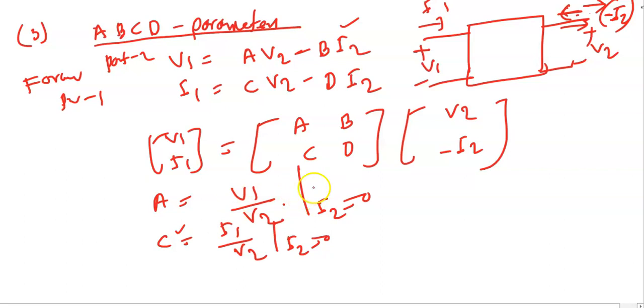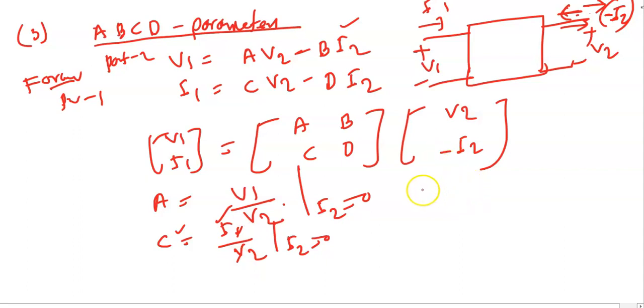I1 is from port 1, so it cannot be forward, so it is reverse. Then it is not on the same port, so it is a transfer. And obviously this is a current over a voltage, so it is admittance.